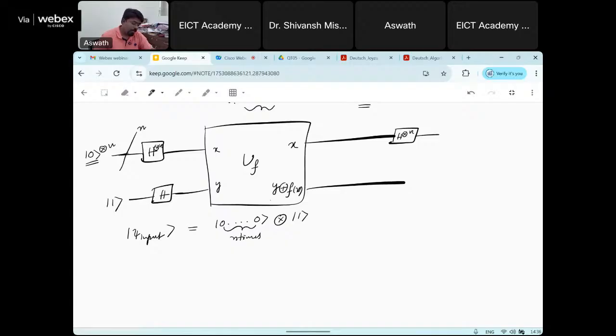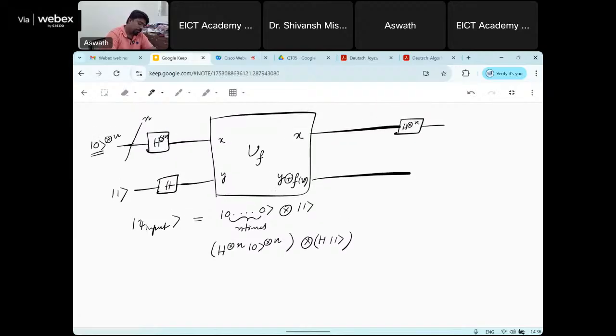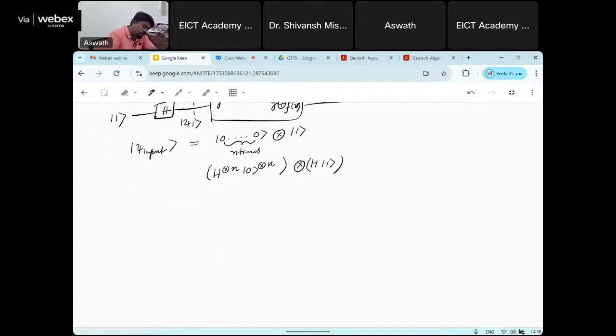So the moment we have n Hadamards acting on n zero registers, and one Hadamard acting on the ancillary register, we would get some new form, which you can call psi 1. So what would psi 1 look like?